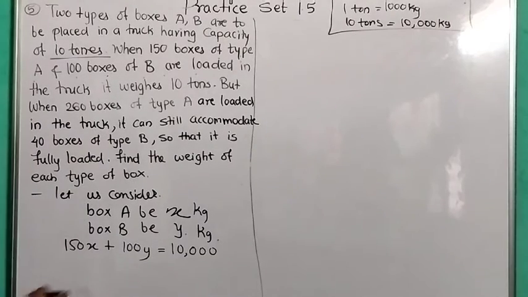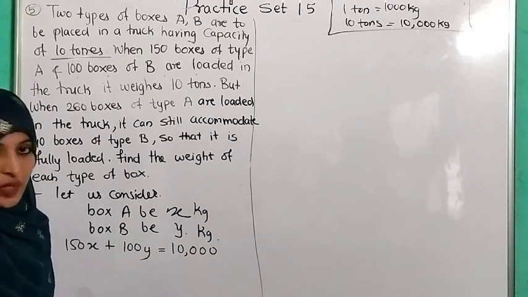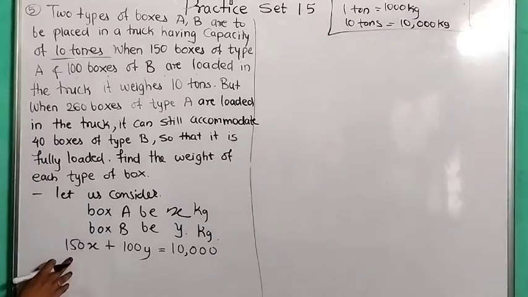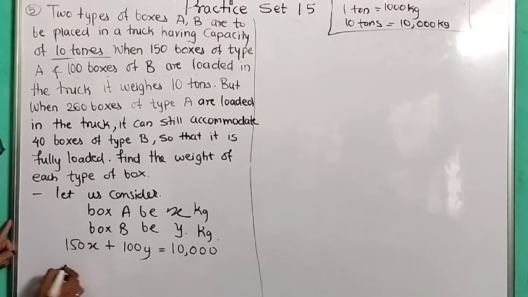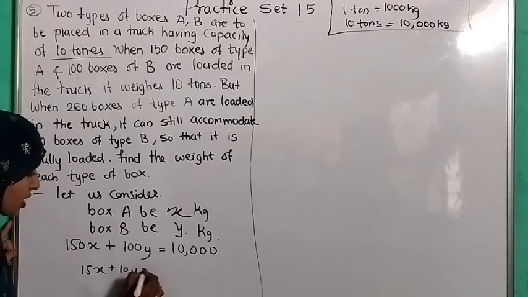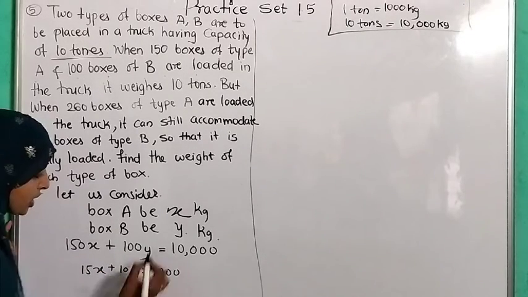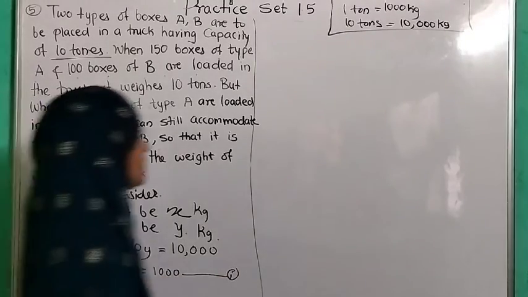We are writing in kg. Now we have to simplify the equation first. We can divide this equation by 10. Dividing by 10, we get 15x plus 10y is equal to 1000. So this is equation number 1.